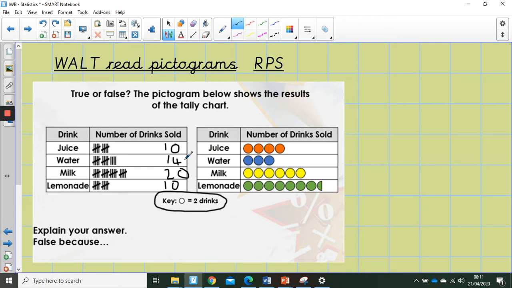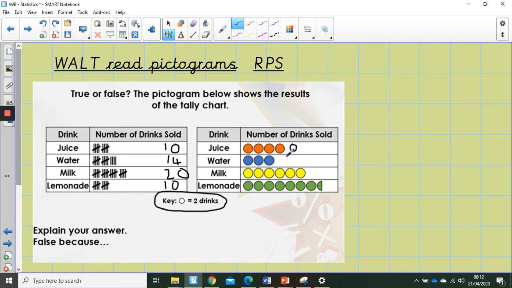If there are 2 drinks for every water, there should be how many? That's right, 7. Milk should have 10 and lemonade should have 5. I wonder what it is that they've done wrong. In order to answer, I'm going to try to correct it. So this one should have 5.